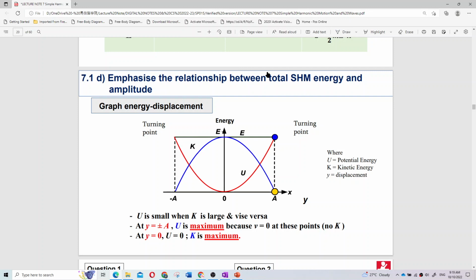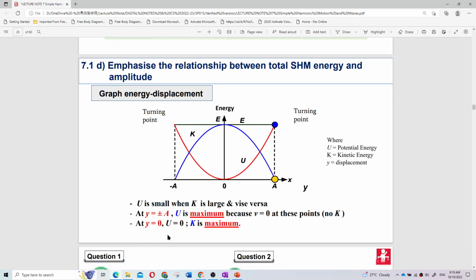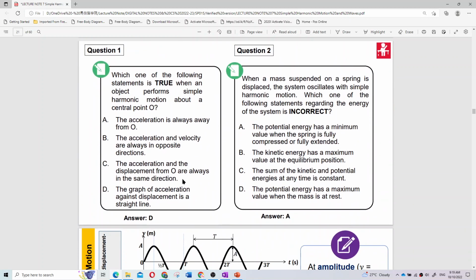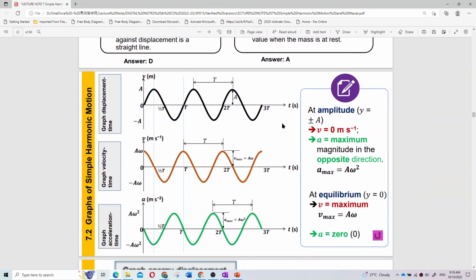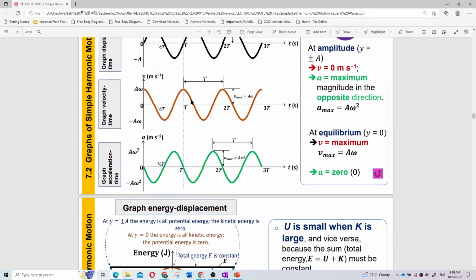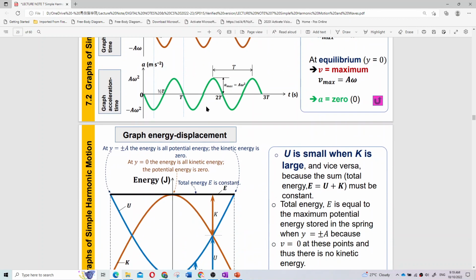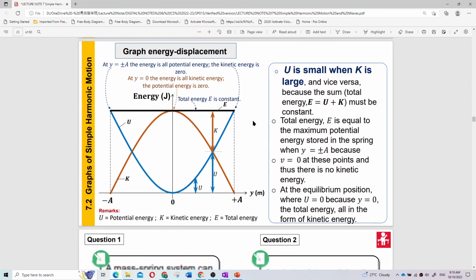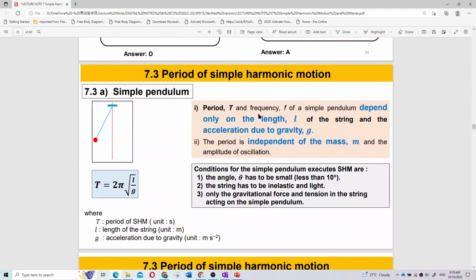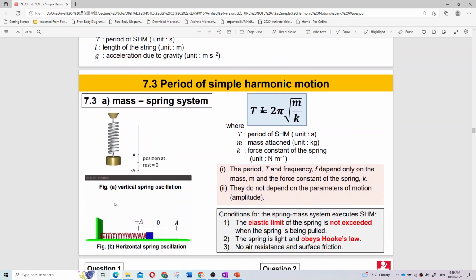The relationship between the total energy and amplitude. Yeah, U is maximum at equilibrium, K is maximum. This one I need you to read on your own lah. And then the graph. Okay, graph also explained already actually. See that? I explained the graph already. This graph also explained already. Period also actually a little bit.